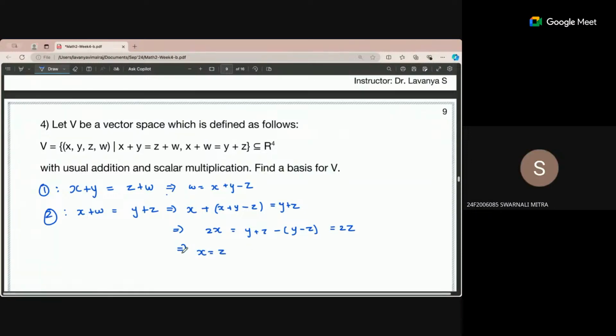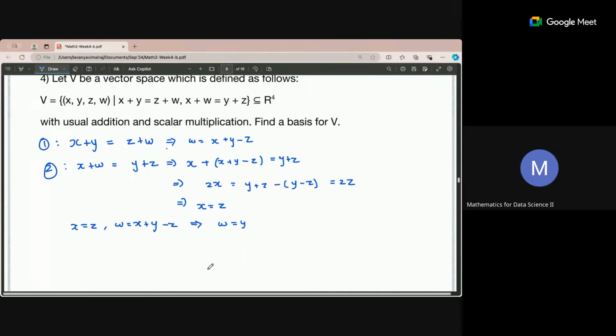Now let us substitute x = z in the first equation. What will you get? w = y. So now let's rewrite the given vector space: the set of all (x, y, x, y), with x and y free, instead of z we write x and instead of w we write y.